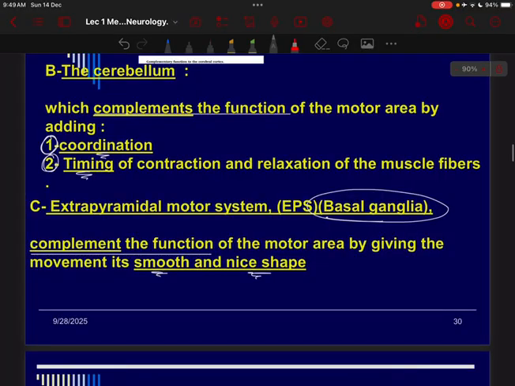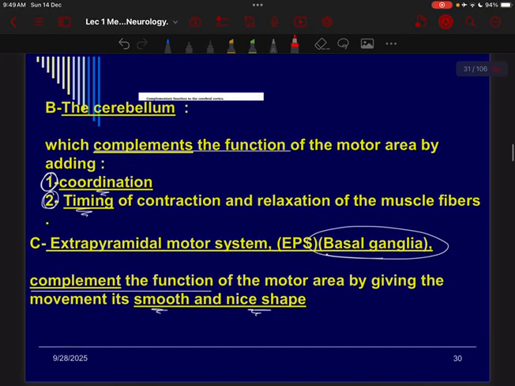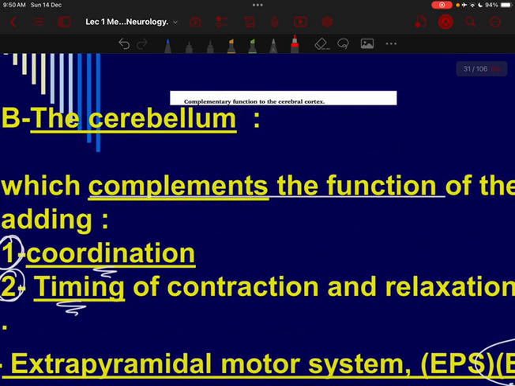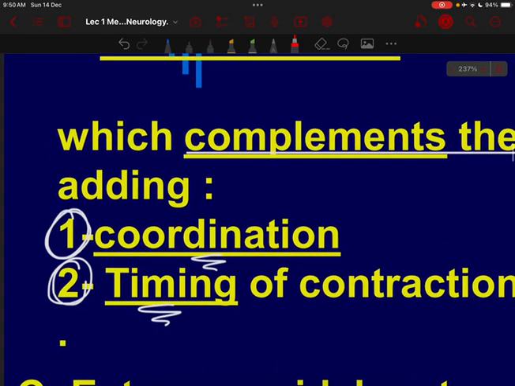So that gives a proper shape to any motor function. For example, if I want to hold this bottle and raise it up, I need a motor function, but this action should be coordinated and steady. Otherwise, if the cerebellum is distorted, there will be incoordination. So it's very important in coordination in time.